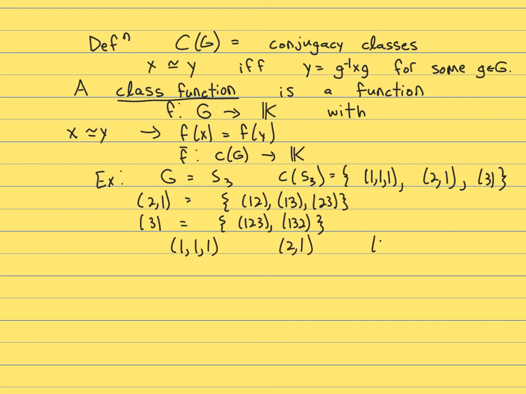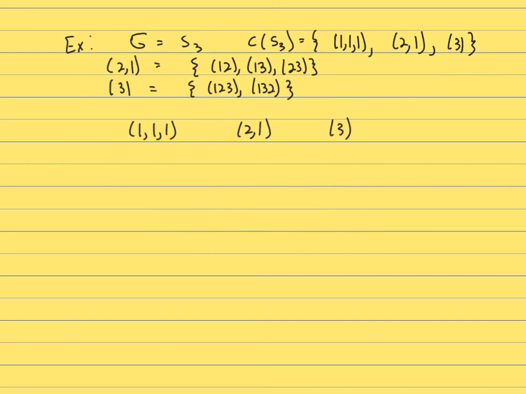So given any representation, we can look at the characters on these conjugacy classes. So let's look at some representations of S3. Let's look at representations from S3 to C itself. Well, there's the obvious trivial representation, which sends every group element to the identity.